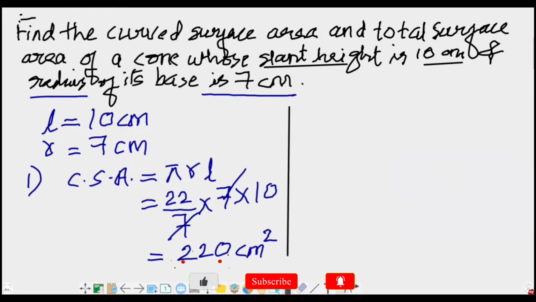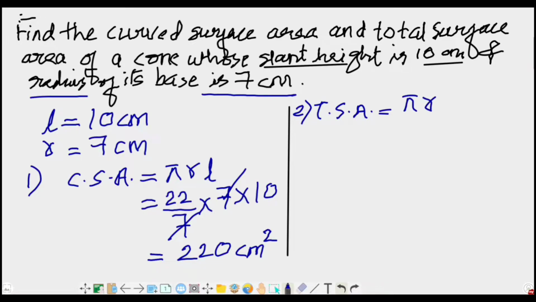Now you know the formula of total surface area, students. Total surface area of the cone is pi r (l plus r). Now substitute again pi as 22 by 7. Your radius is 7.